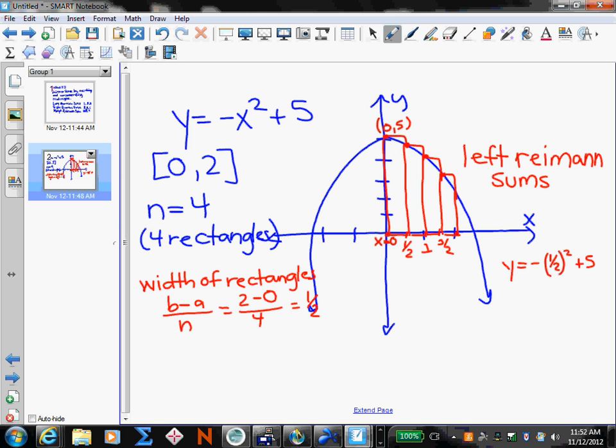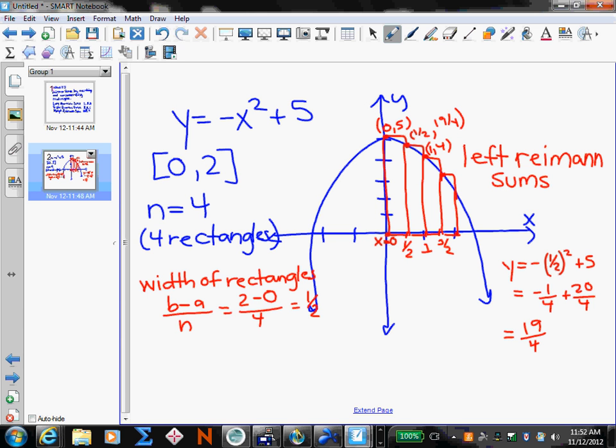So that is negative 1/4 plus 5, which is 20 over 4. So I have 19/4 as my next coordinate. So at a half, I have the coordinate 19/4. For my next coordinate, if I plug 1 into my equation, I will get 5 minus 1, which is 4. So my next coordinate is 1, 4.